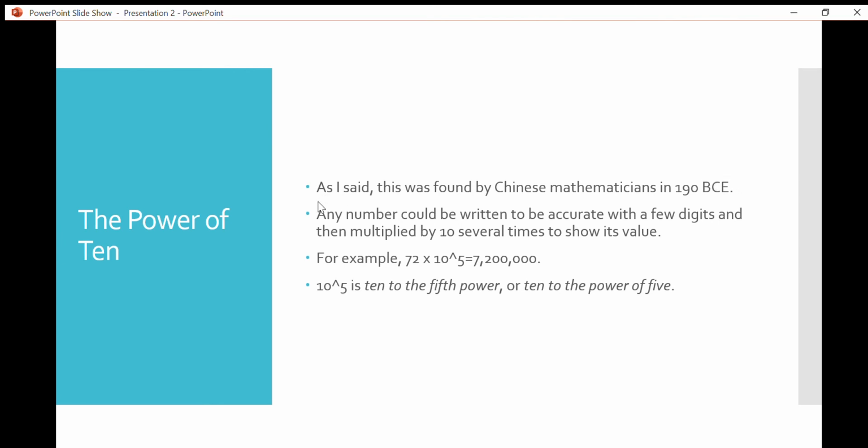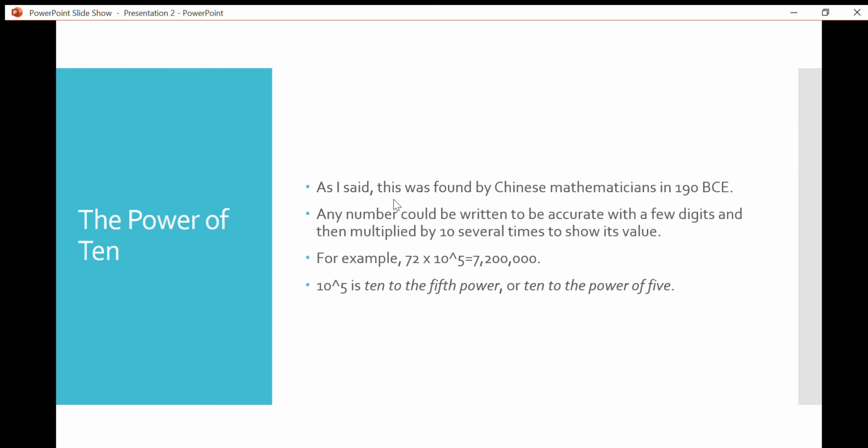Any number could be written to be accurate with a few digits, then multiplied by 10 several times to show its value. This is another example, and over here, 10 with a caret, then 5 is 10 to the 5th power, or 10 to the power of 5.